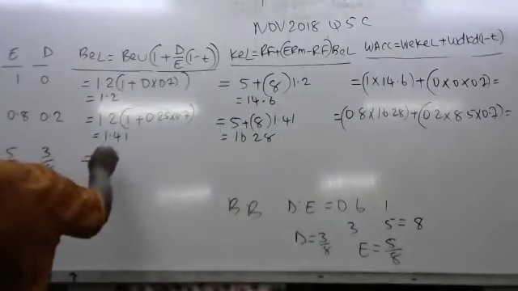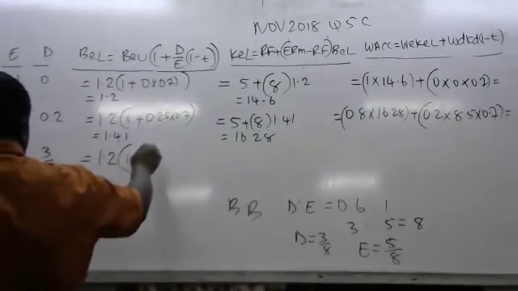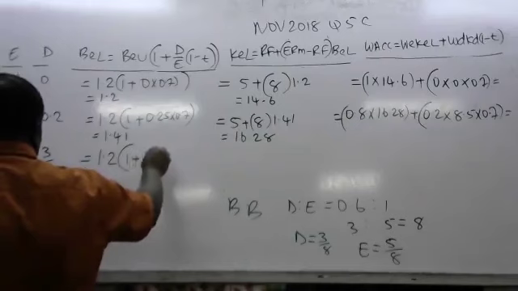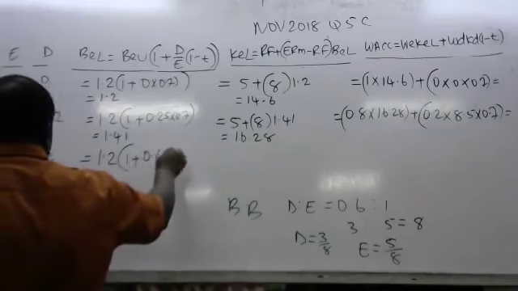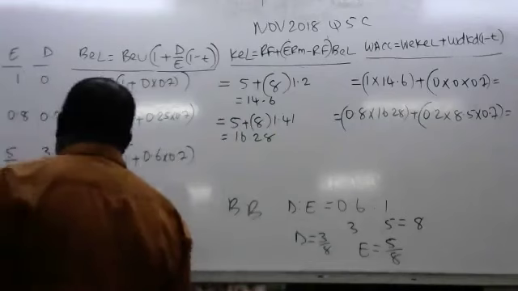It will be 1.2, also 1 plus. So D/E is already computed as 0.6, like that. Also multiply by 0.7. Then you get the value for that.